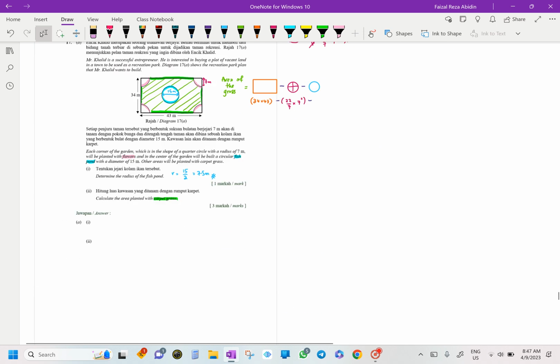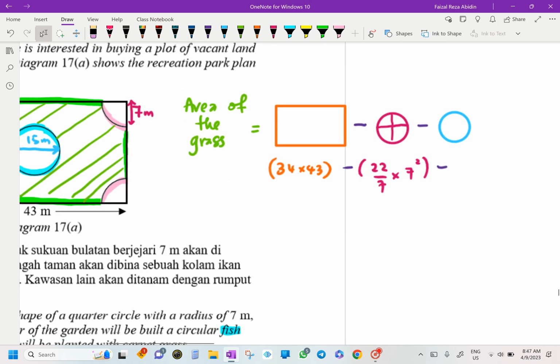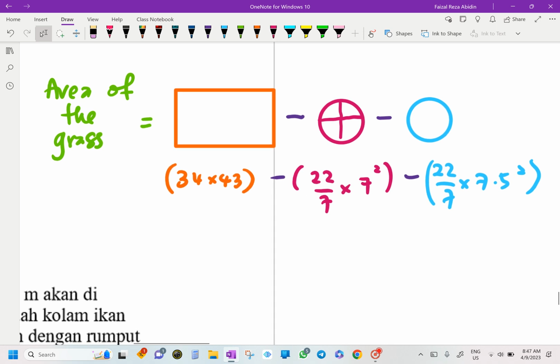So we are going to have 22 over 7 times 7.5 square. Use your calculator. I got 113.21.